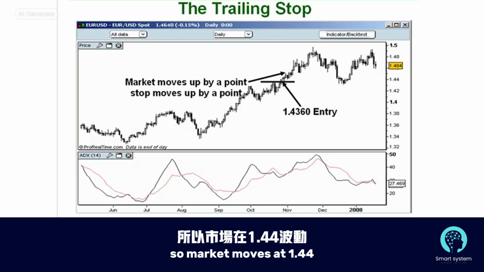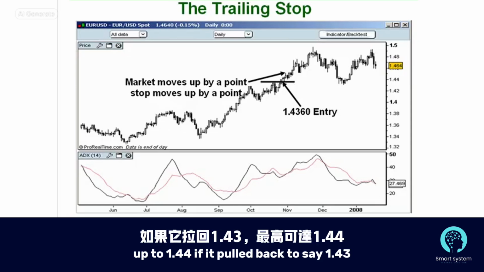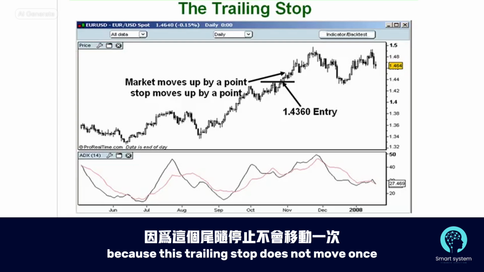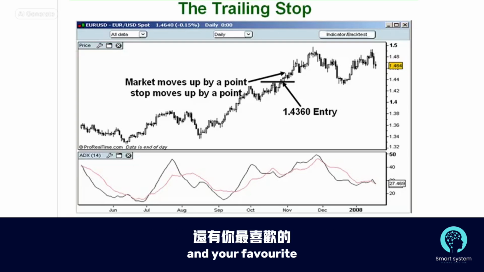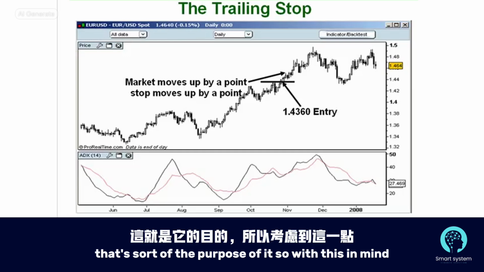So if the market moves to 1.44, then that stop is going to be at 1.43. But if after the market moves up to 1.44 it pulled back to say 1.43, your stop is still going to be at 1.43, because this trailing stop does not move when the market moves against you. That's sort of the purpose of it.